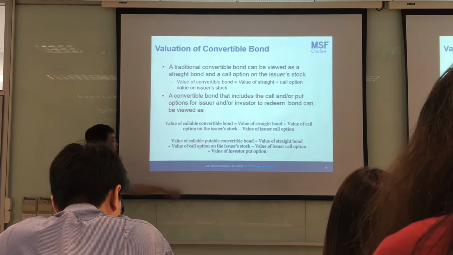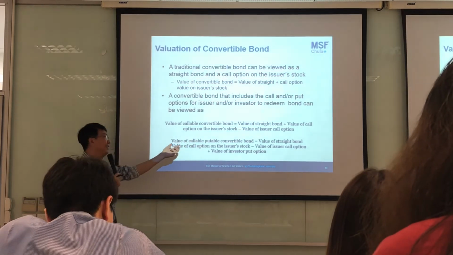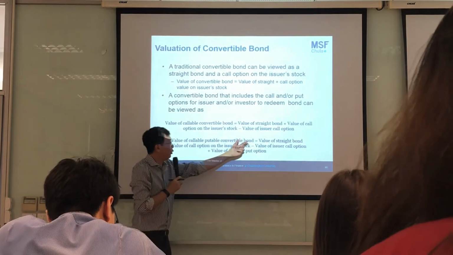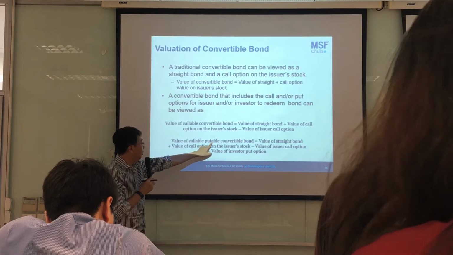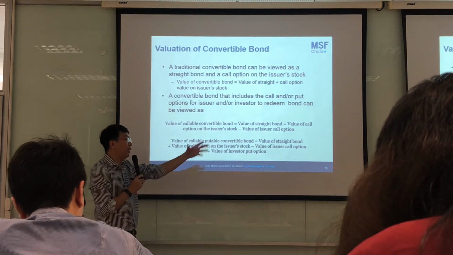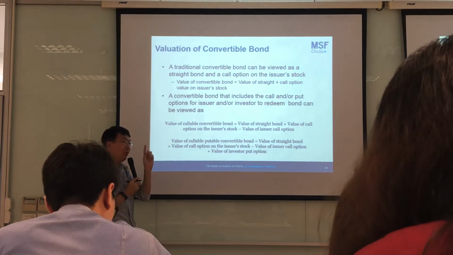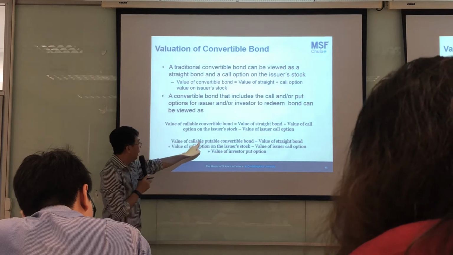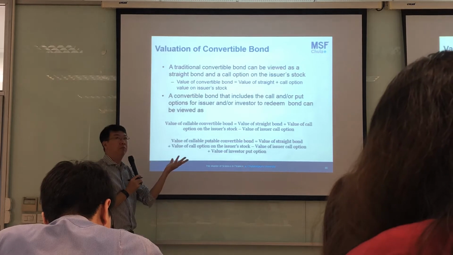For the last one, the value of a callable, puttable, convertible bond has three options. It will be equal to the value of the straight bond plus the put option, because this puttable bond's put option belongs to the bondholder. They can sell back the bond. So you have to understand what the underlying asset of each option is. For the callable and puttable provisions, the underlying asset of these two options is the bond.